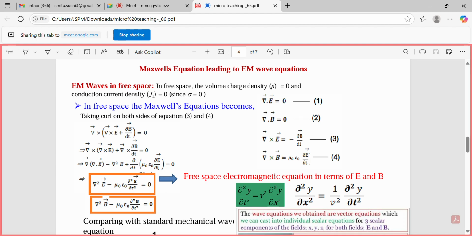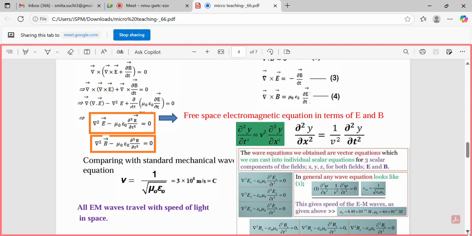These two equations resemble the classical wave equation, which is del square y by del x square equal to 1 by v square del square y by del t square. So these two equations represent the electromagnetic wave equation in free space in terms of the electric field vector and magnetic field vector.